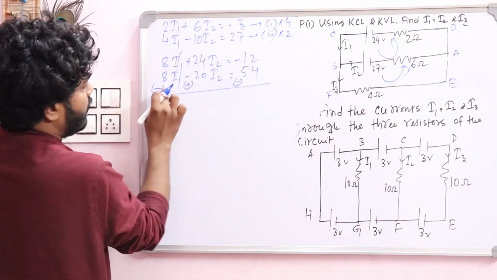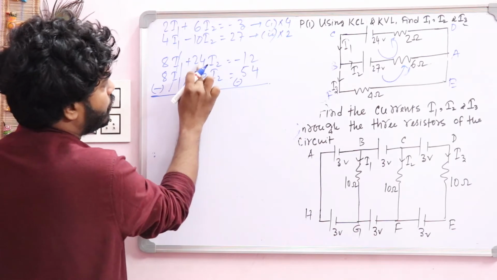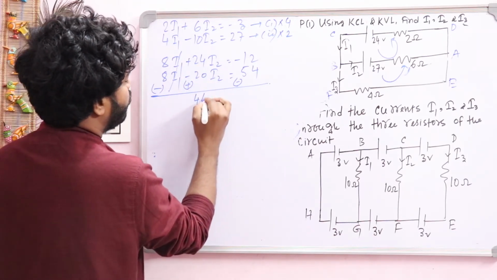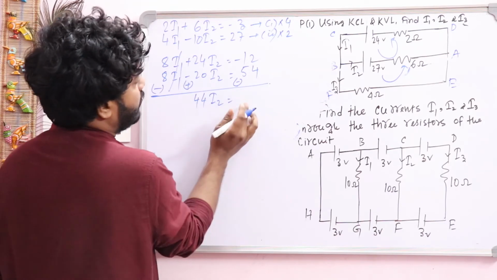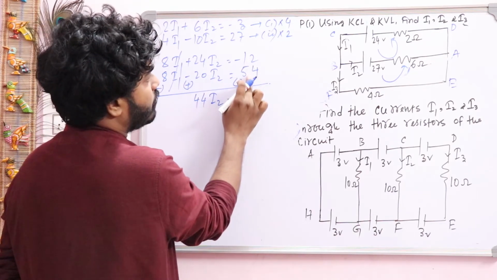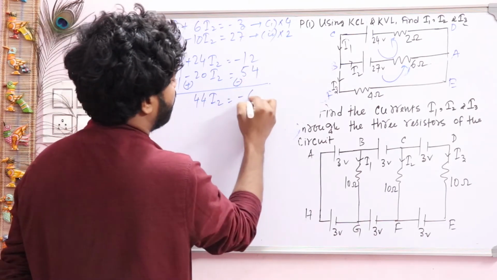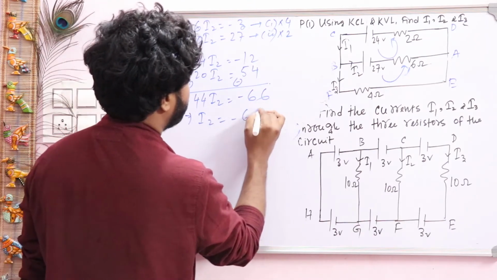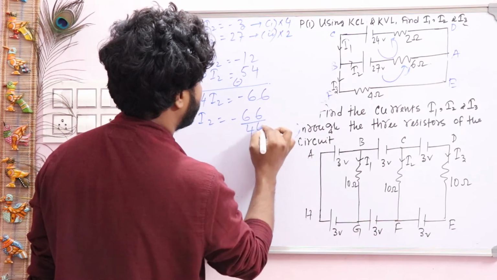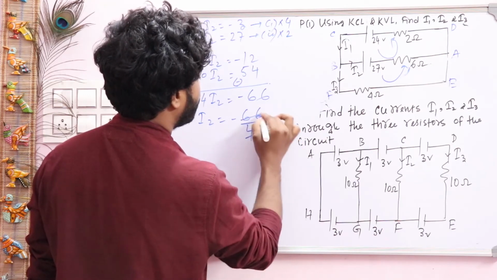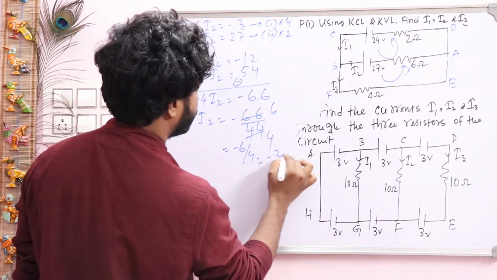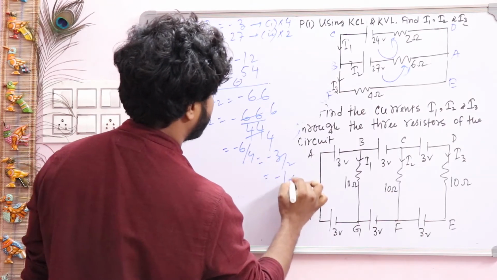Plus 8I1 minus 8I1, cancel out. 24I2 plus 20I2, so this one will be 44I2, and this one is minus 12, this one is minus 54, that is minus 66. So from here I2 will be minus 66 divided by 44, that is 4, 11 is 6, that is minus 6 by 4, that is minus 3 by 2, that is minus 1.5 ampere.